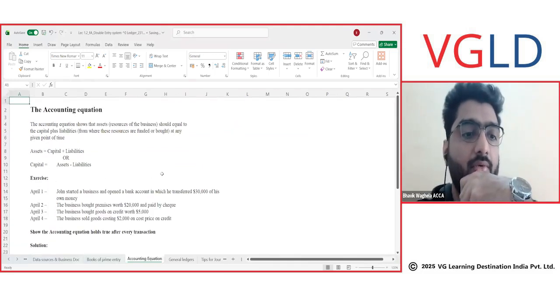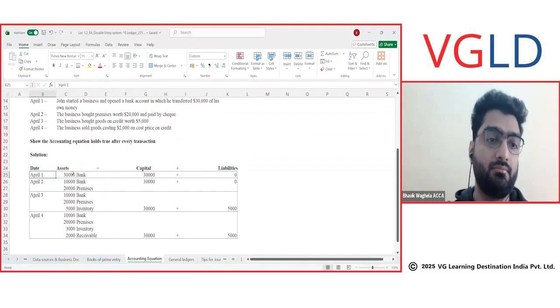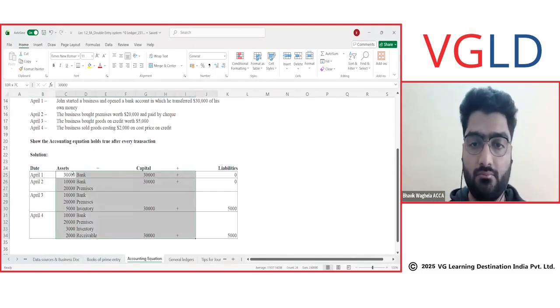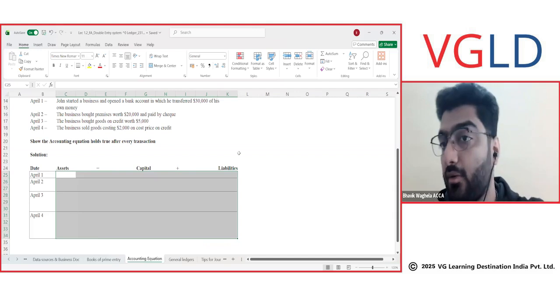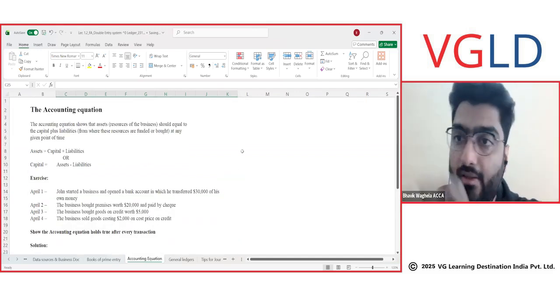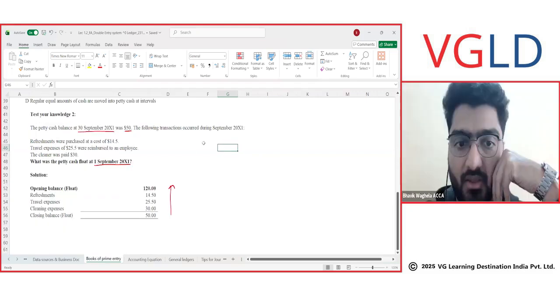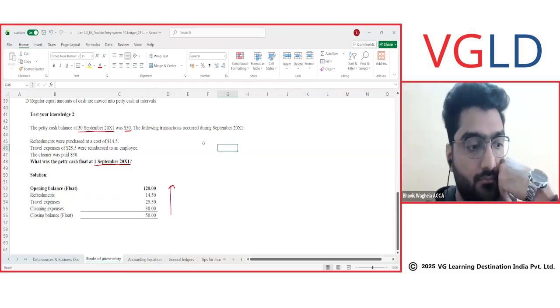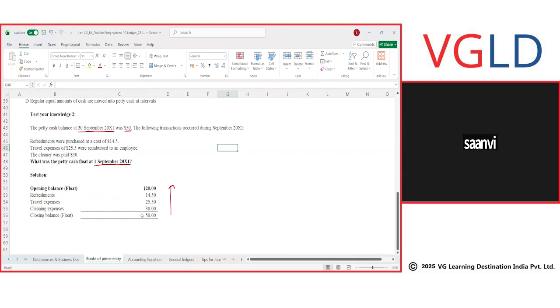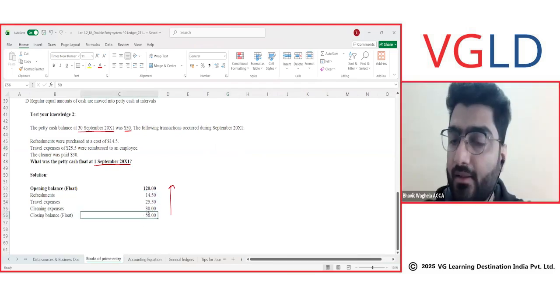Then we have something known as the accounting equation. Now, the accounting equation tells us that at any point of time, so can you explain that once more? How did we find out the answer? Which part? This only. So we did a reverse working, right? I had the closing balance.